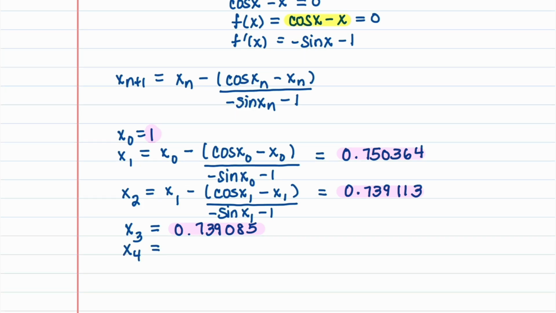You put x3 into the formula, and we get 0.739085. Now we can see that x4 is the same as x3, so that means that our approximate solution is accurate to within 6 decimal places.